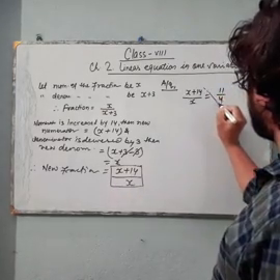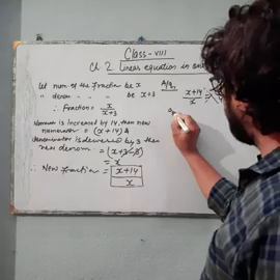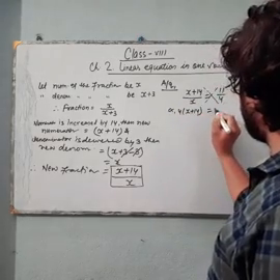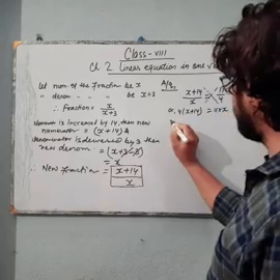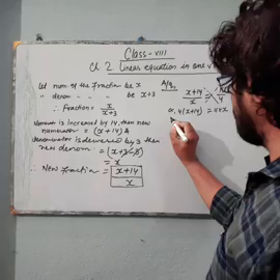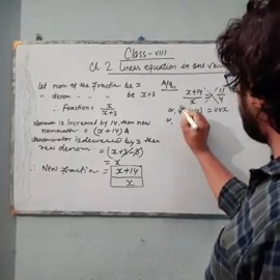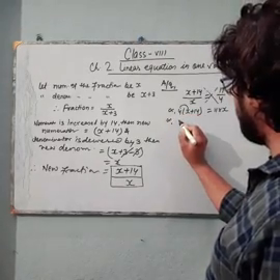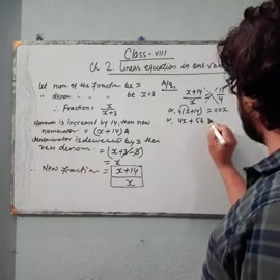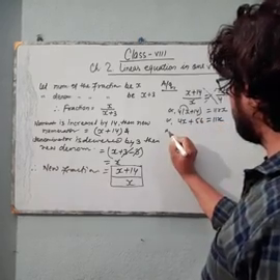Now go for cross multiplication: 4 into x, that is 4x, plus 4 into 14, that is 56, is equal to 11x.